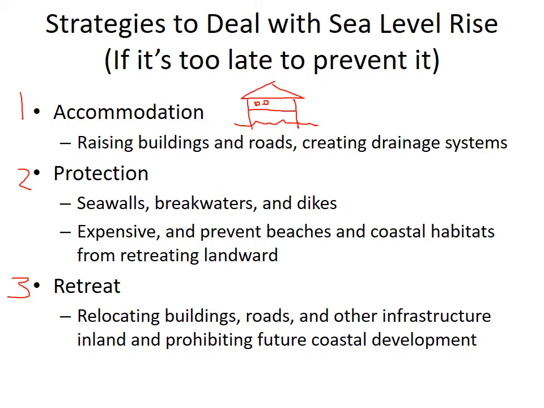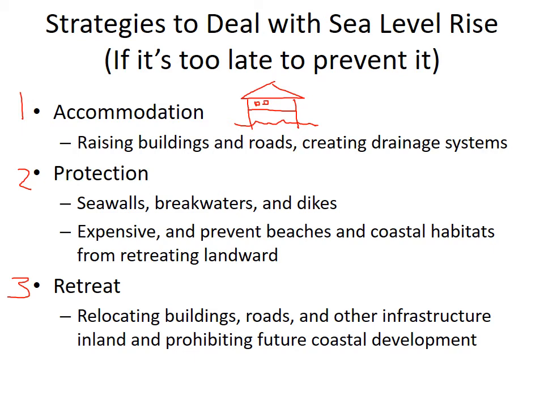There's also protection. That's like seawalls, breakwaters, and dikes. That's what places like the city of New Orleans have done, where the area is below sea level, but there are barriers to keep the sea out and pump the water out. The thing about protection strategies is they're very expensive, and they tend to be very disruptive to habitats because they prevent the landward retreat of coastal habitats like mangroves and salt marshes.